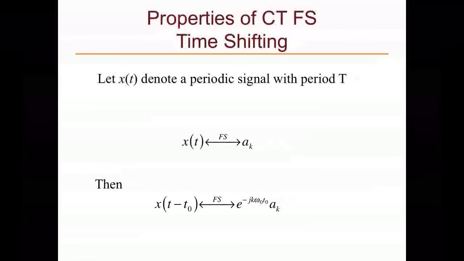You can look at how to derive this e to the minus jk omega 0 t0 from the textbook. But note that here t0, the time shift, has been substituted for the t value. So this should be some constant value, and these are also constant values as well. So you can see that this is actually e to the minus j and some constant value.